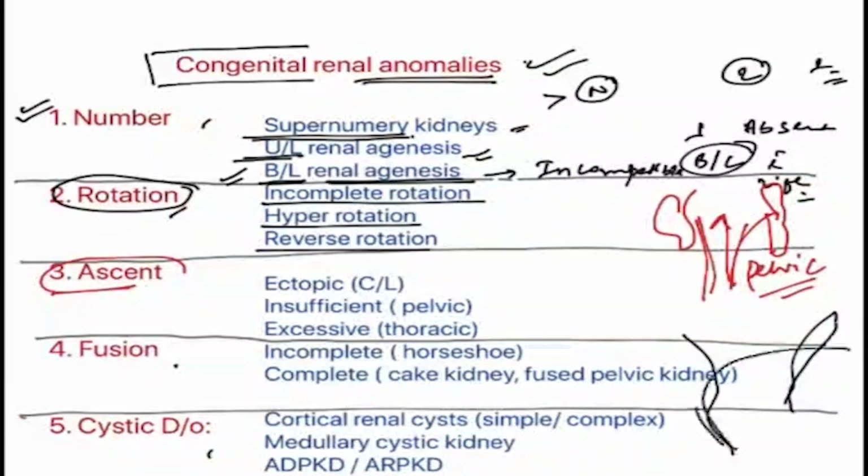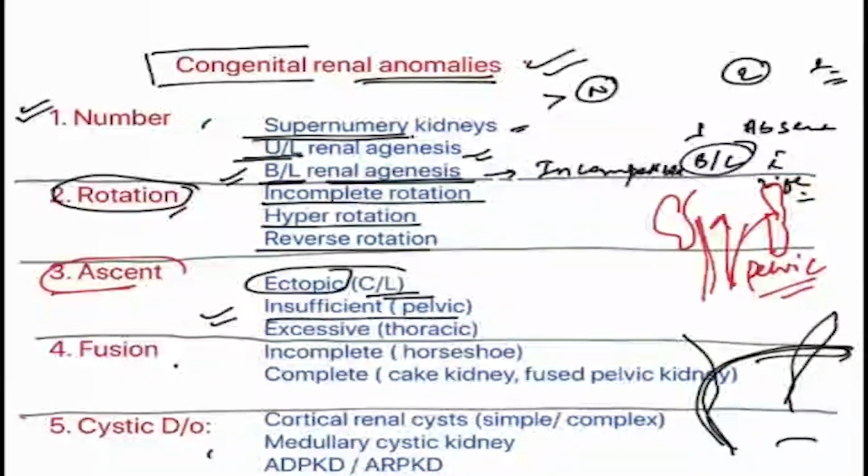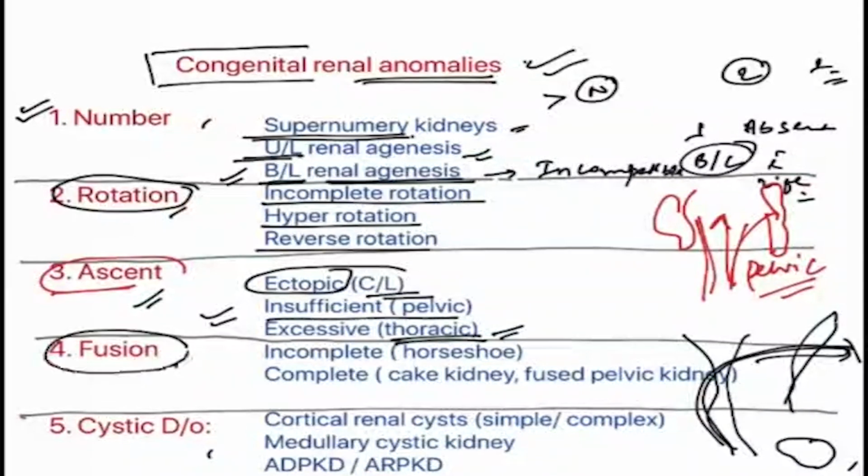So when the ascent is abnormal, one kidney can go to the other side, to the contralateral side, and this is called ectopic or crossed kidney. When the ascent is insufficient, then the kidney may remain in the pelvis and not reach the abdomen, and when the ascent is excessive, then it reaches the thoracic cavity and is called thoracic kidney.